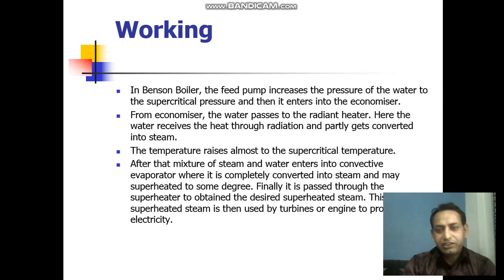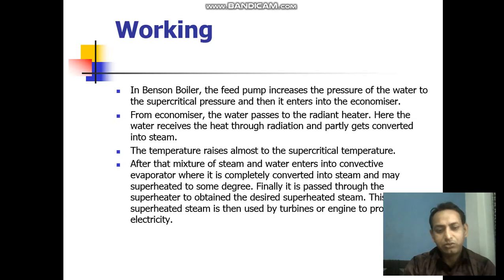The feed pump increases the pressure of the water to the supercritical pressure, and then it enters the economizer, and from the economizer the water passes to the radiant heater. Here the water receives heat from the radiant, and part of it is converted into steam. After that, the mix of steam and water goes into the convective evaporator, where it is completely converted into steam and may be superheated to some degree.